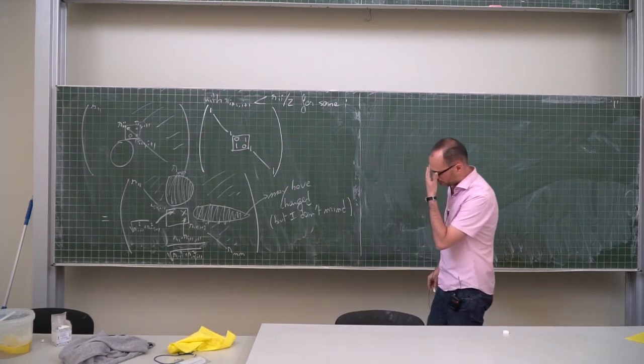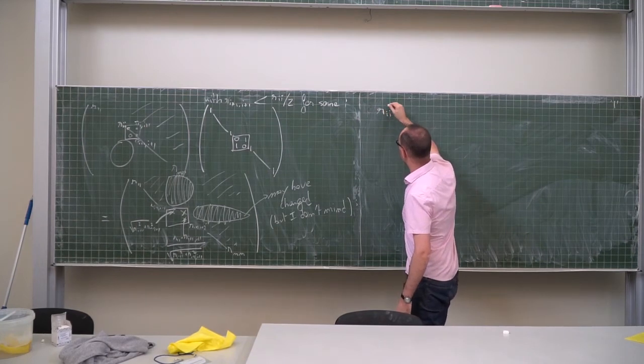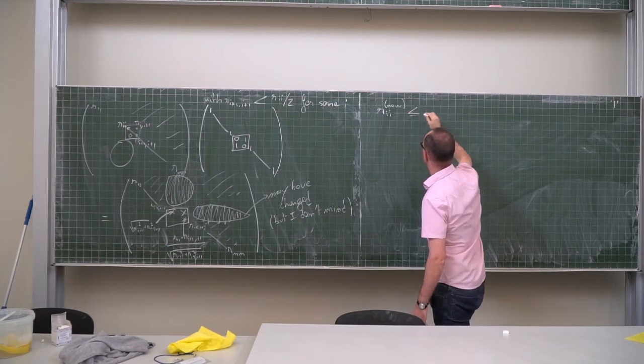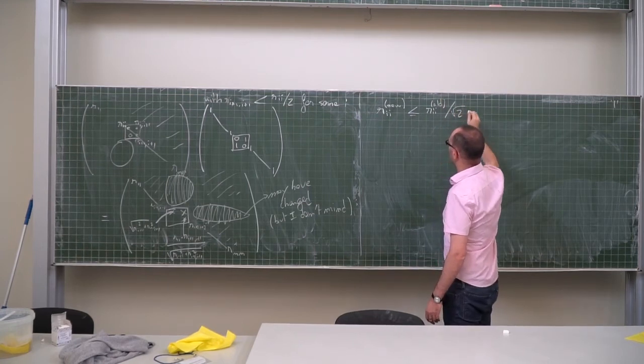Okay? So the effect of this is the new Rii, exactly as before, is less than the old Rii divided by square root 2.